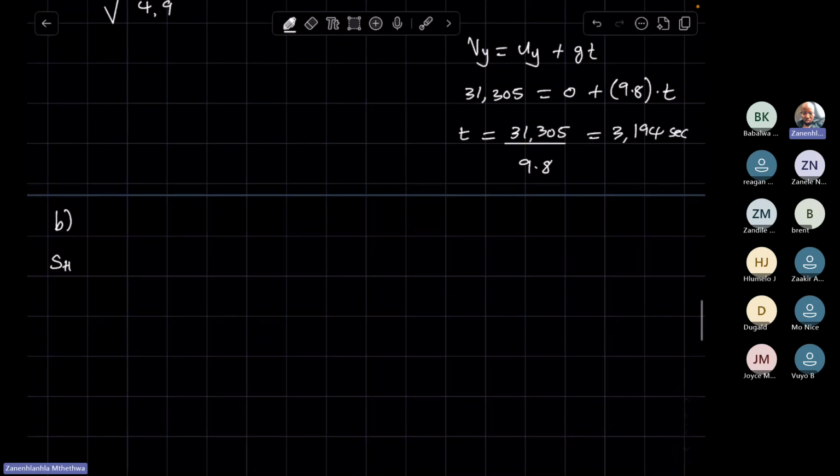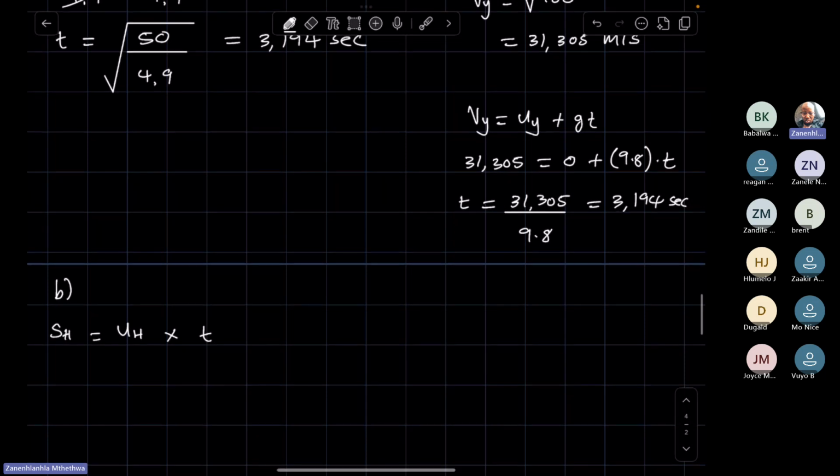SH, which is what they're looking for, is UH times the time, the time it took for the object to move from the top of the building to its destination.